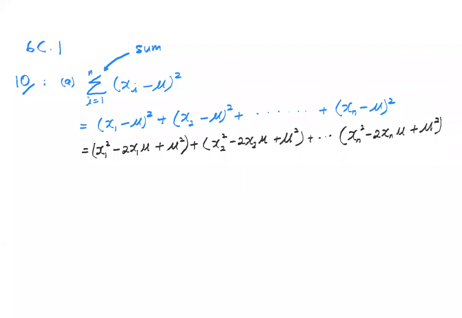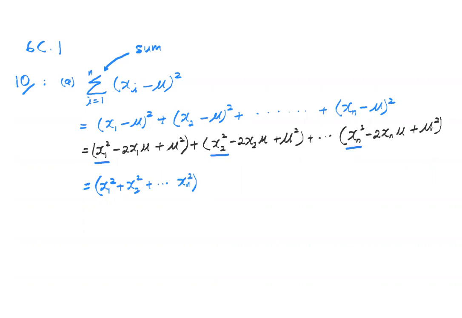So you see each group has 3 terms, correct? So we can group them according to the same terms. The first group: I put down x1 squared plus x2 squared plus dot, dot, dot, xn squared.